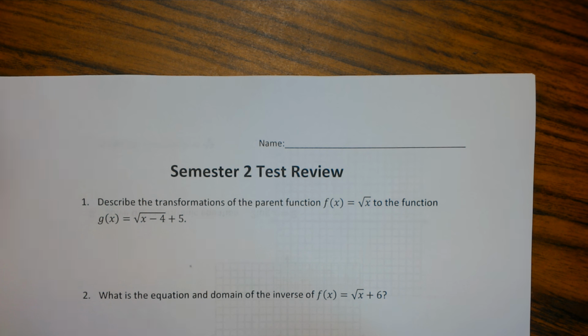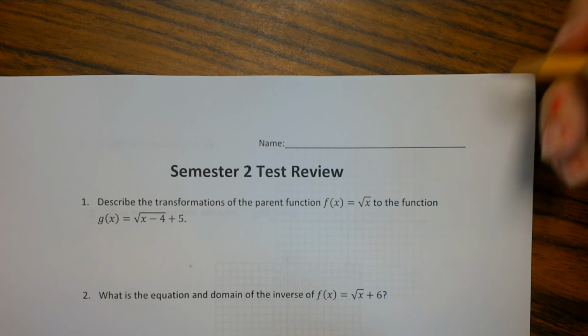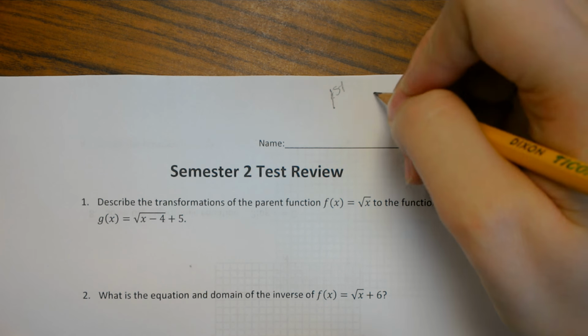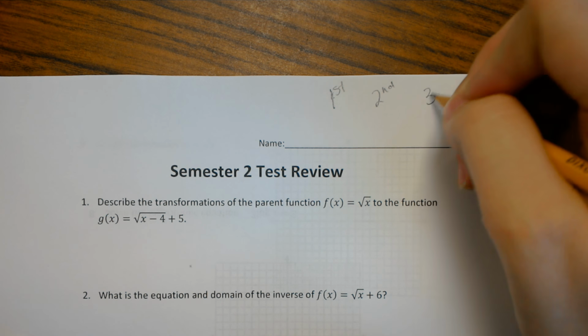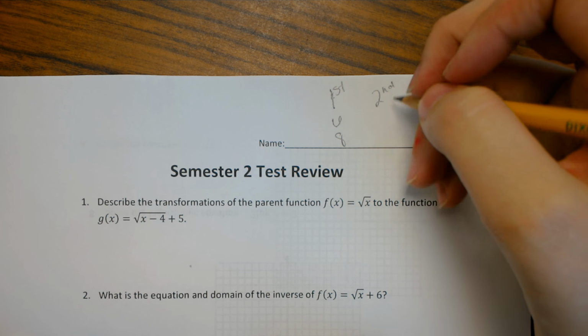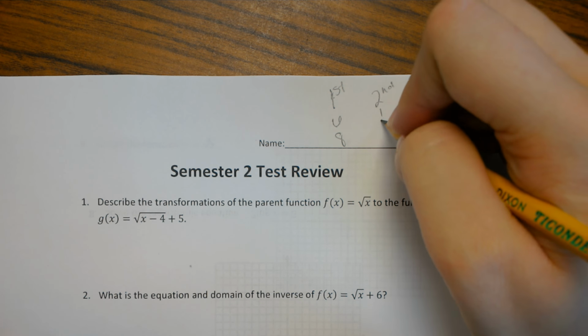Seniors, you're taking your test Wednesday and Thursday, the 25th and 26th of May. And then underclassmen, you're testing on the 1st, the 2nd, and the 3rd. The 1st is 6th and 8th period. 2nd is all the odds.